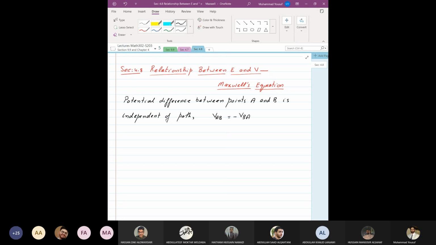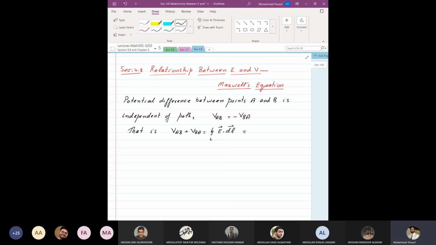So that is why V from A to B plus V from B to A is over a closed path. You go from A to B, then come back from B to A. Over a closed path, I'm making here a small circle over L, whatever L you choose, E dot dl.